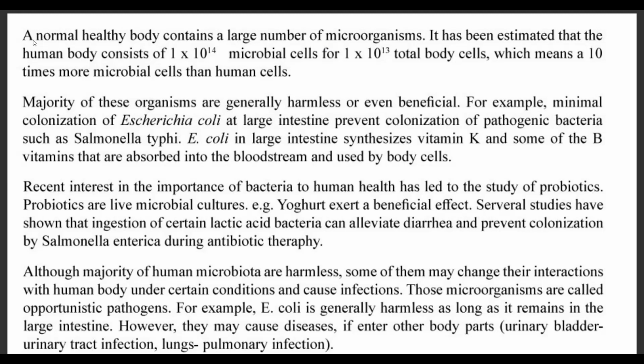The majority of these organisms are generally harmless or even beneficial. For example, minimal colonization of Escherichia coli at the large intestine prevents colonization of pathogenic bacteria such as Salmonella typhi. E. coli in the large intestine synthesizes vitamin K and some of the B vitamins that are absorbed into the bloodstream and used by body cells.